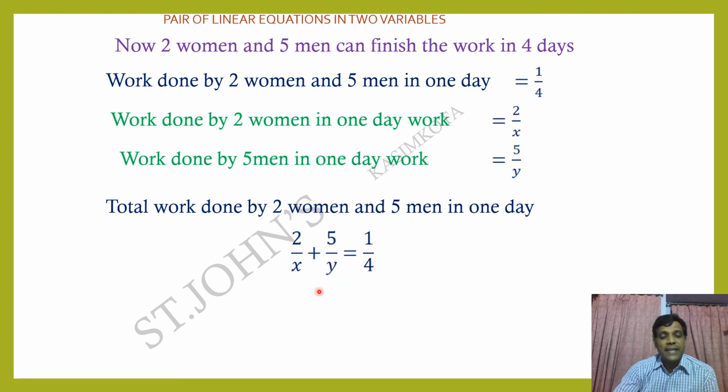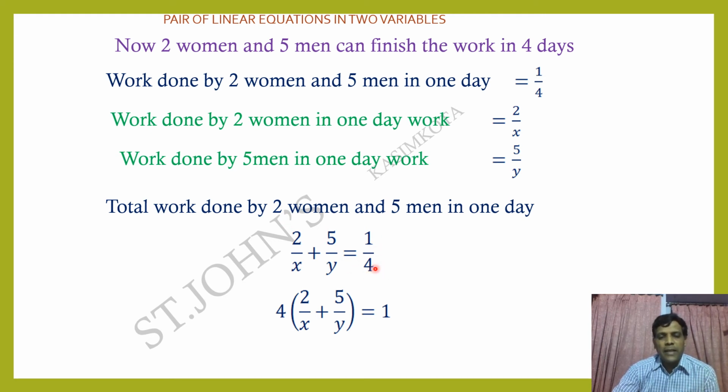X and Y. Here 1 by X equals A and 1 by Y equals B. Now this is written as 2 by X plus 5 by Y equals 1 by 4.